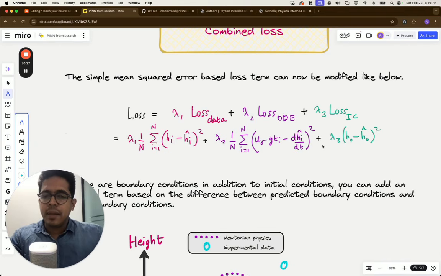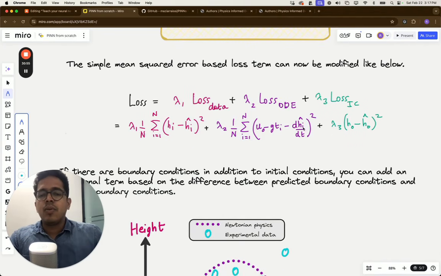On the other extreme, if you are so sure about the physics, if you say that no, only gravity is happening, there is no air, there is no wind, there are no other forces, the ball is thrown at exactly u0, the gravitational acceleration is 10 meters per second squared. If you are so sure about your knowledge of physics, then you can set lambda 1 to be 0, meaning you don't need the experimental data anymore because you perfectly know your system.